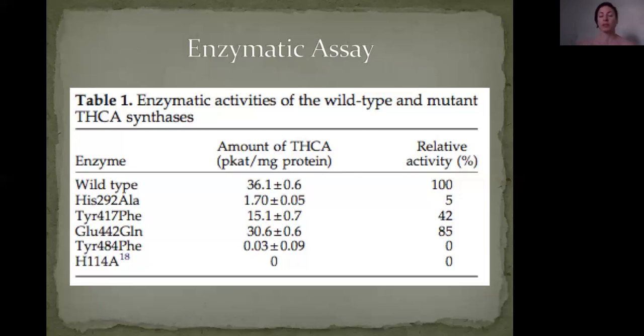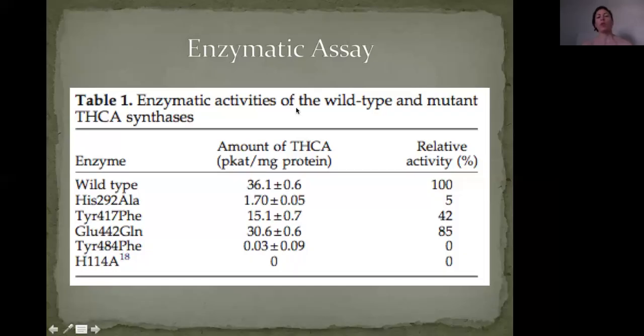Those amino acids in the berberine bridge enzyme were responsible for the catalytic activity. So they thought, okay, we're going to investigate the analogous ones in THCA synthase and see if those are also responsible. That's how they essentially arrived at which amino acids to investigate.